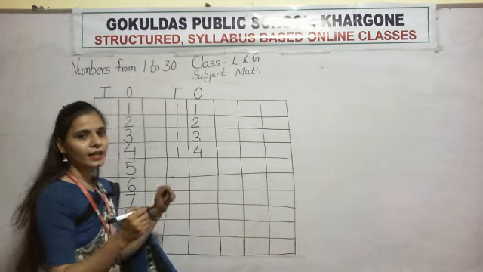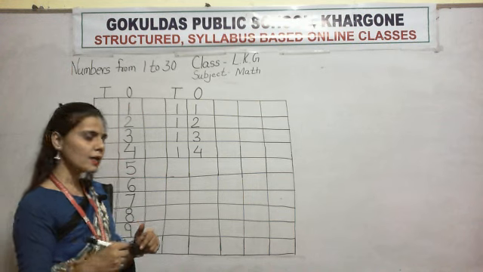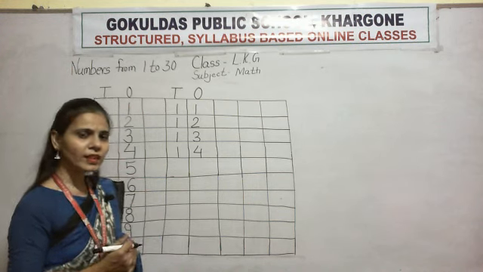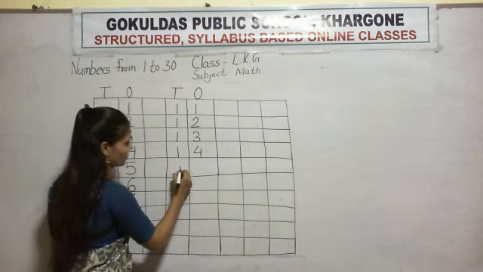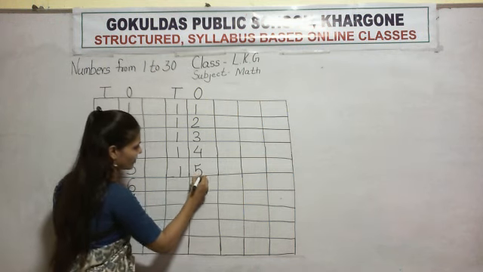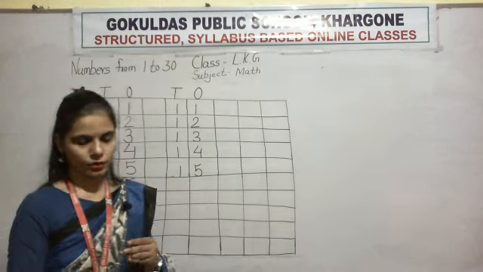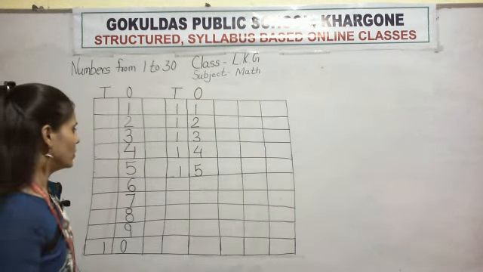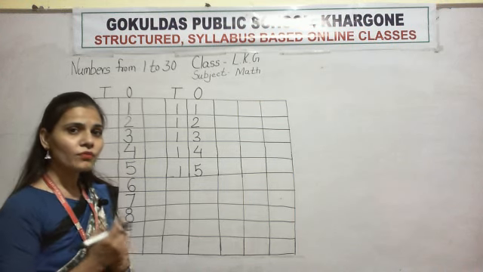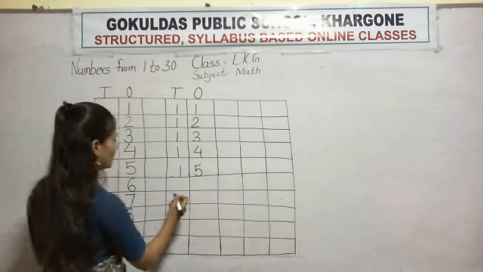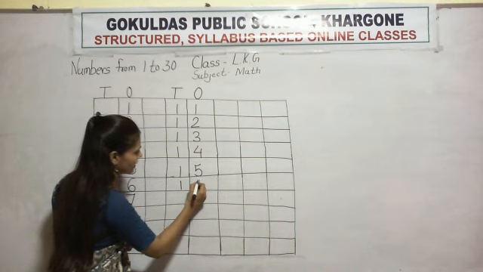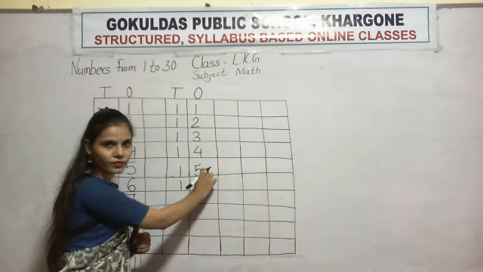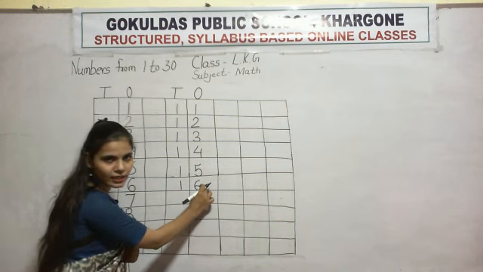Now, after 14, which number will come? 1, 5, 15. After 14, 15 will come. After 15, which number will come? We will say 1, 6, 16.